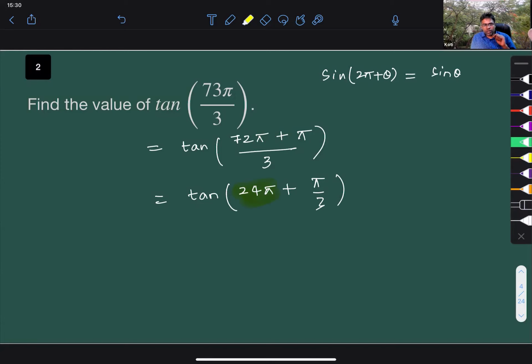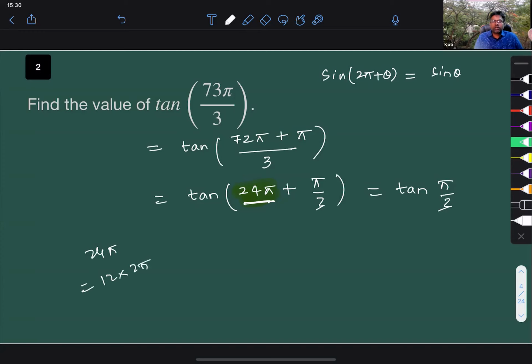So if you go around the circle an integer number of times, you're not going to change the trigonometric value. So can I say that this is as good as tan pi by 3? Because 24 is an integral multiple of 2 pi. So 24 pi, you can write it as 12 into 2 pi.